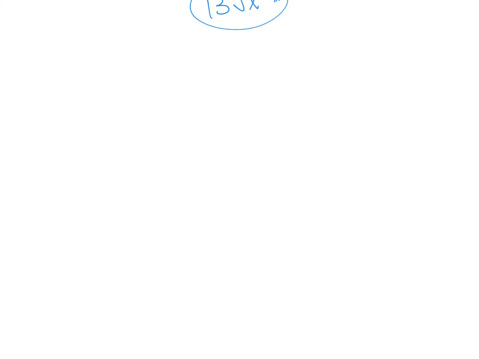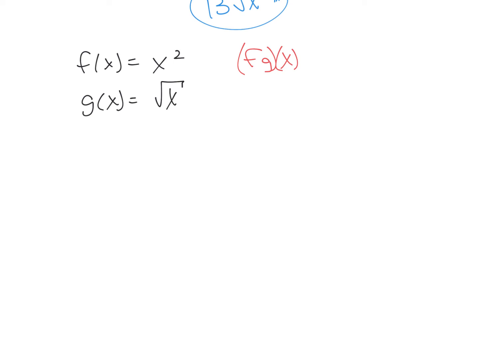Okay, so then if I did another one and I had f of x equals x squared, and I have g of x equals the square root of x. Okay, now they're going to say, okay, what happens if I multiply these two functions? So I'm going to take my f of x, which is x squared, and notice there's nothing here, so it's like multiplication.